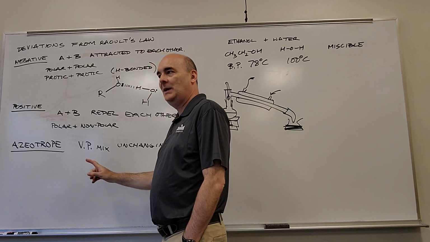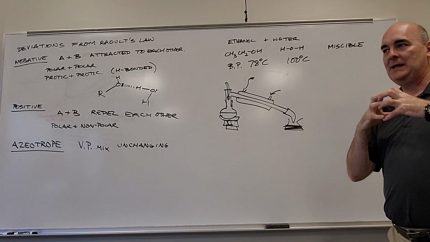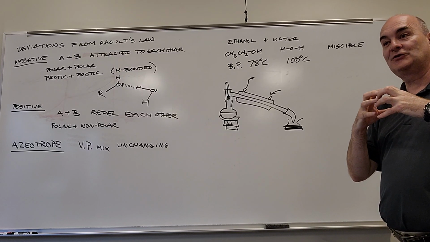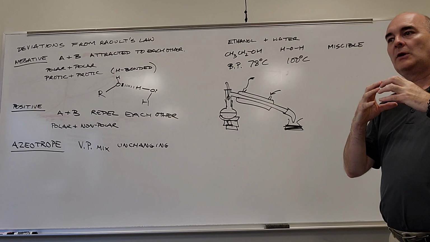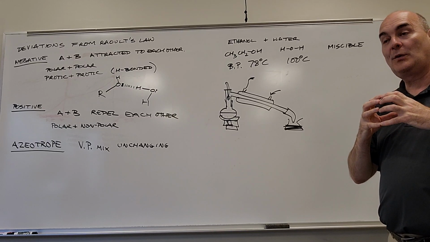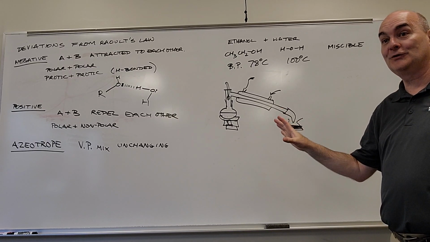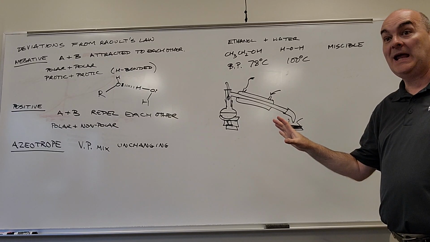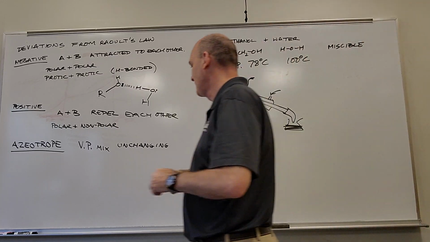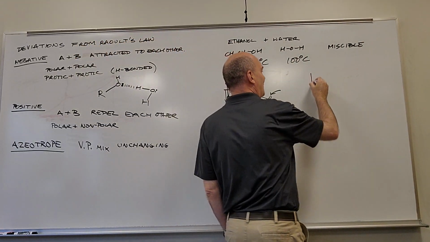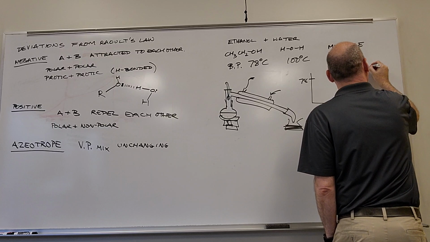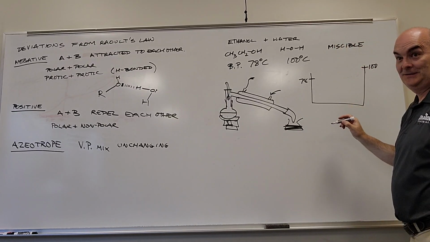An azeotrope is a mixture where the two components stick together in such a way that the mixture is lower in boiling point than either of the pure substances. Either? Yes. If I plot, there's my 78, there's my 100, okay?